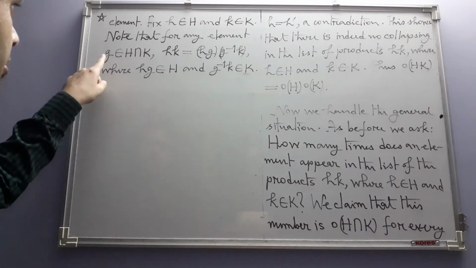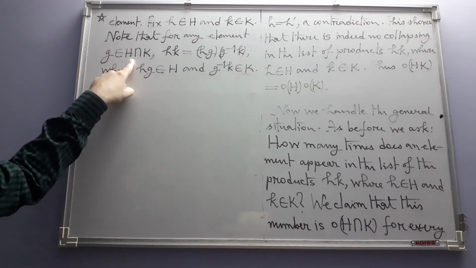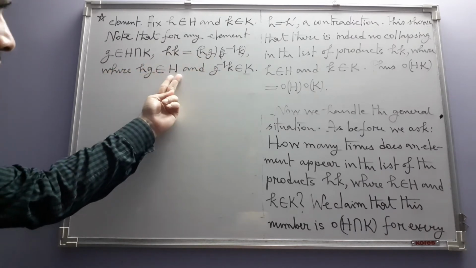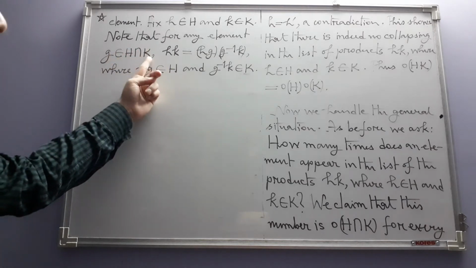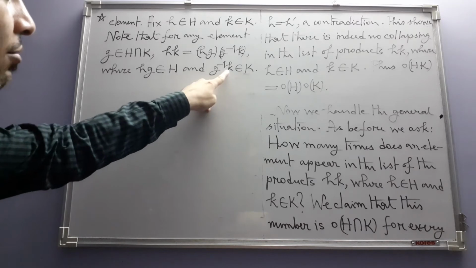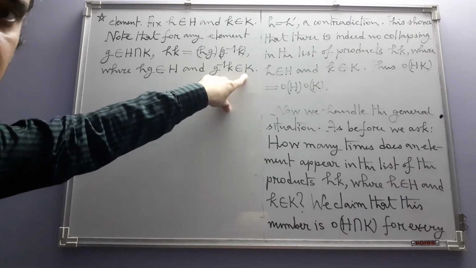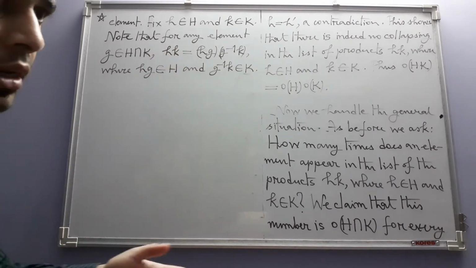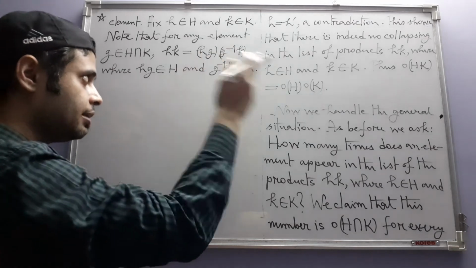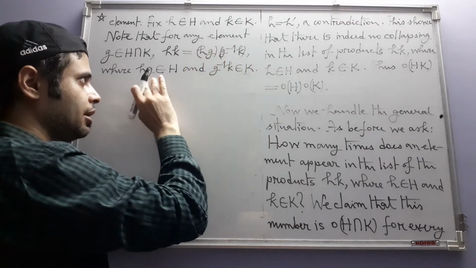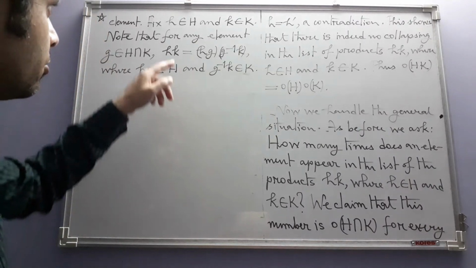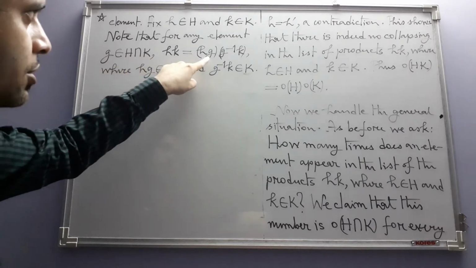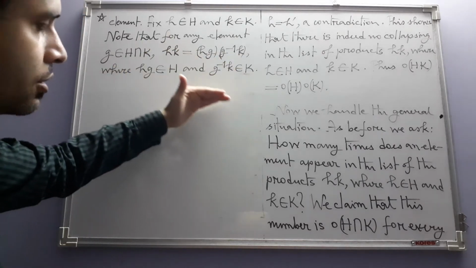Why? Because you see, g is in H, it's in the intersection, so it's in H, and h is already in H, so this product must be in H. Like that, since g is also in K, so g inverse is in K, so g inverse and k, if you take their product, that will be in K. So this product can also be written in a different form, again as a product of one element of H and another element of K. So any element g you choose from this intersection allows you to write a different representation of the same element.